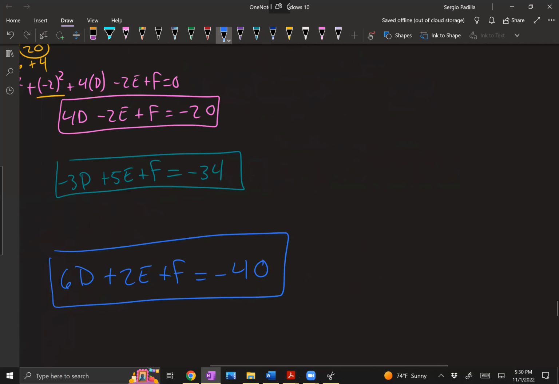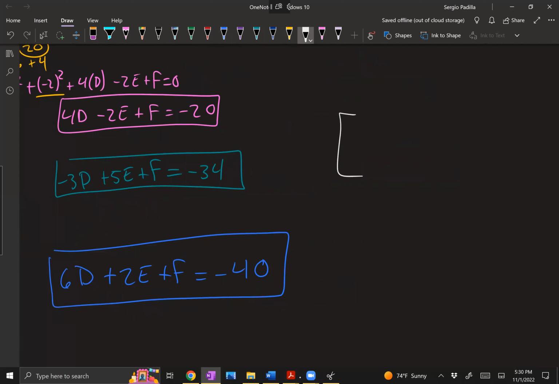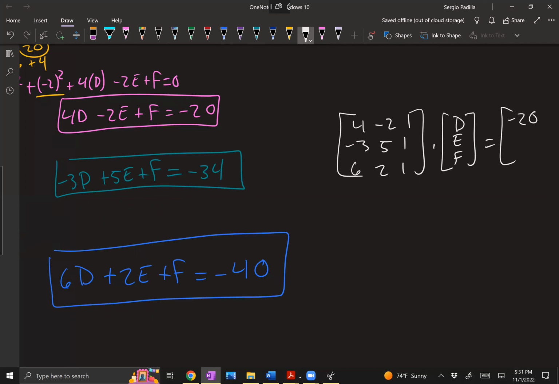So once you have that, you can turn this into the matrix equation: the matrix negative 2... I mean, 4, -2, 1, -3, 5, 1, 6, 2, 1 times D, E, and F is equal to the matrix -20, -34, -40. To solve for D, E, and F, you need to find the inverse of the matrix. For the quiz, make sure you use Desmos to finish this off.